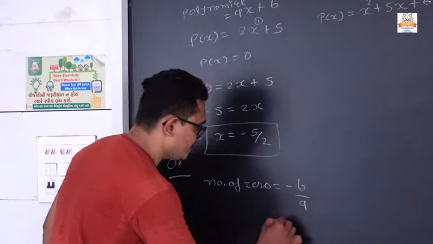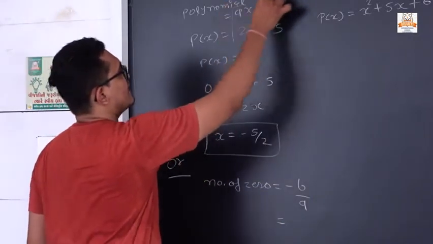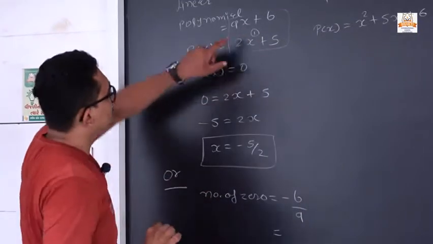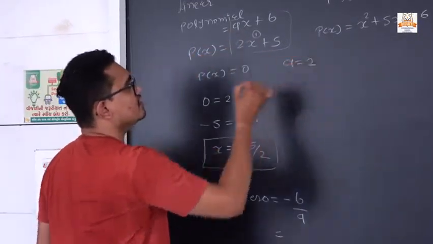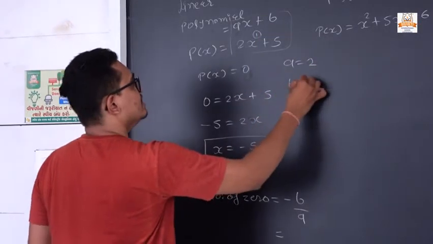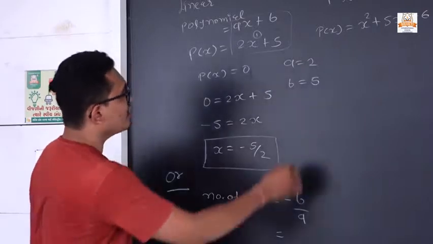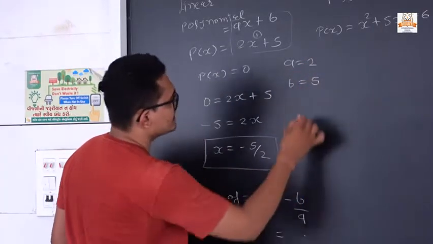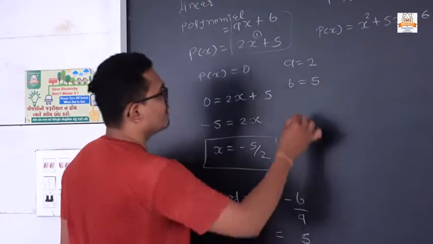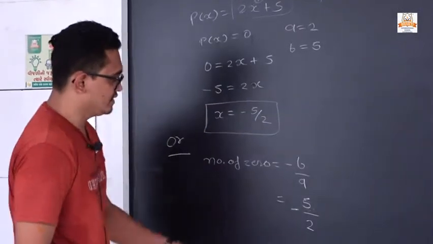So see that. Now what is the value of b? Compare the standard form and our example. Here what is the value of a? It is 2. A is equal to 2. And b is equal to 5. And the minus sign will remain the same.